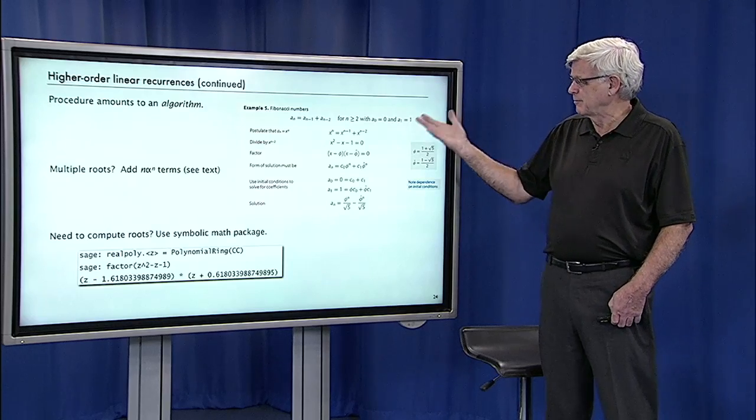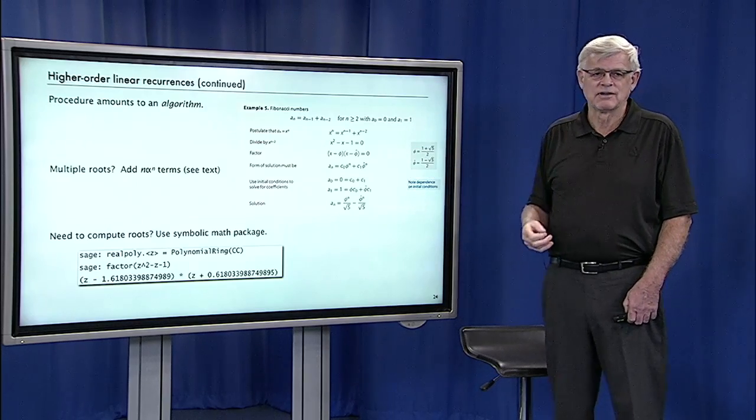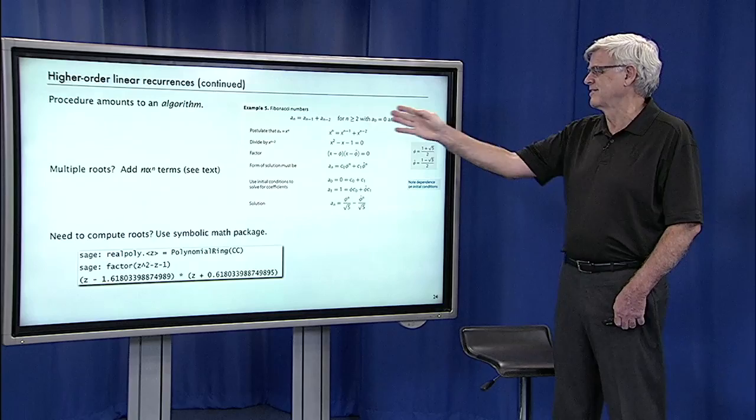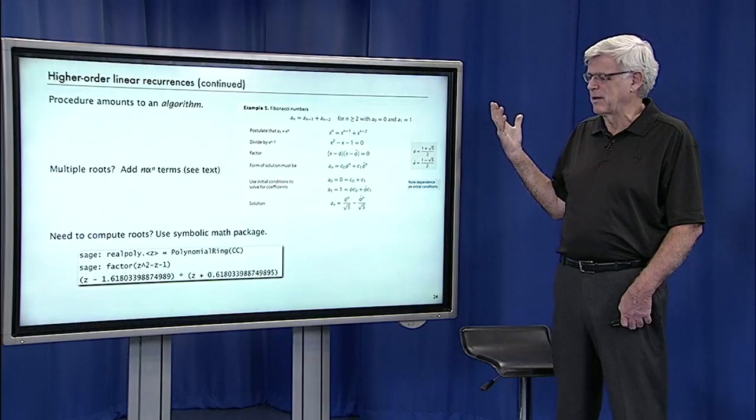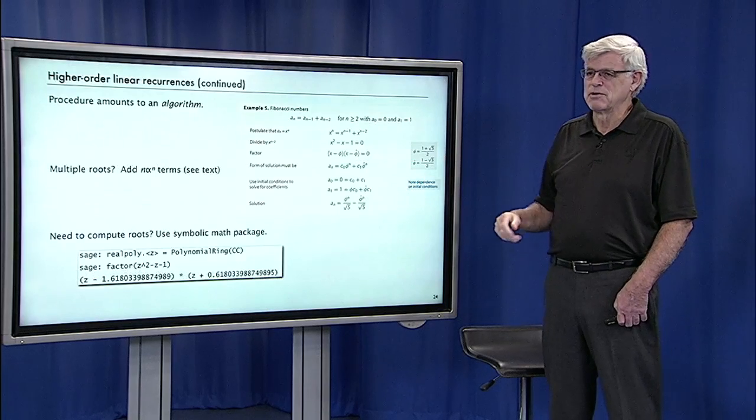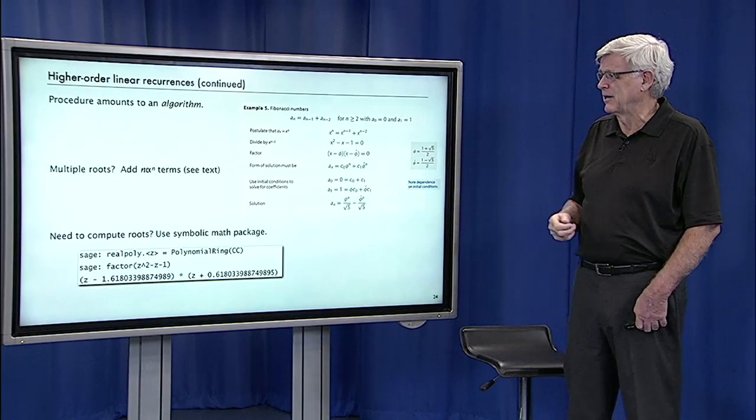So what you wind up needing is to compute roots of equations quickly, and this extends to higher order recurrences. And so that's an example nowadays where you use a symbolic math package to go ahead and compute the roots. And this is computing these with Sage, but you can use Mathematica or Maple or other packages to go ahead and compute roots. That's the way you do it nowadays.